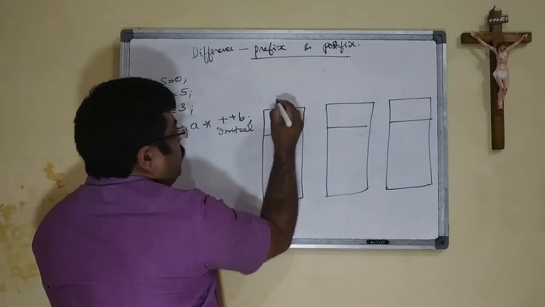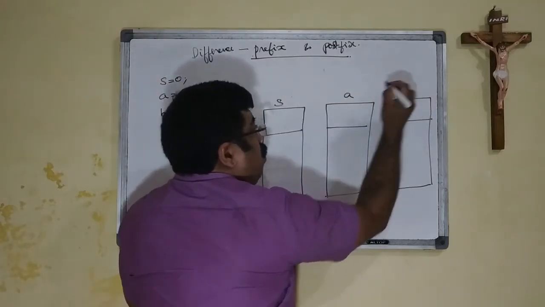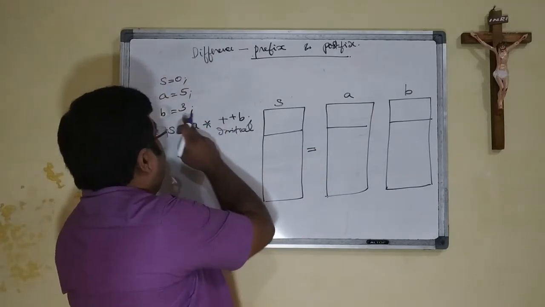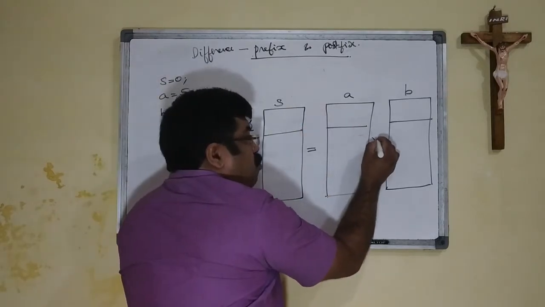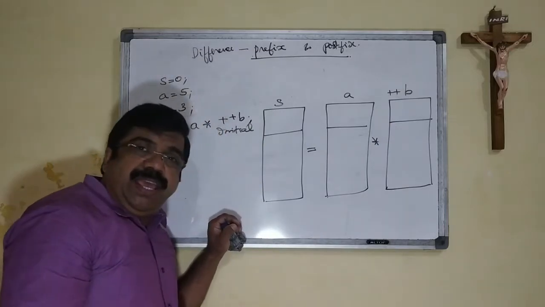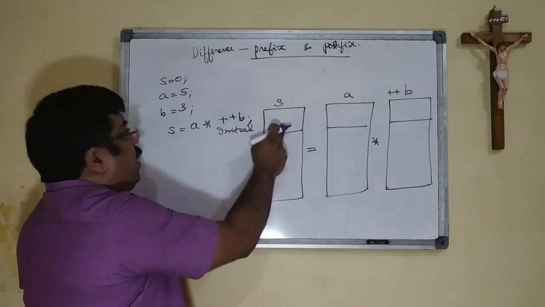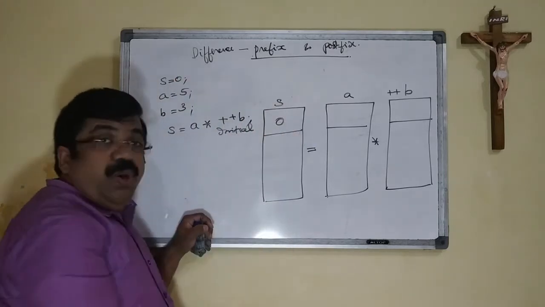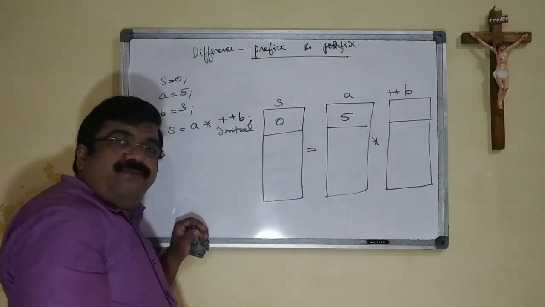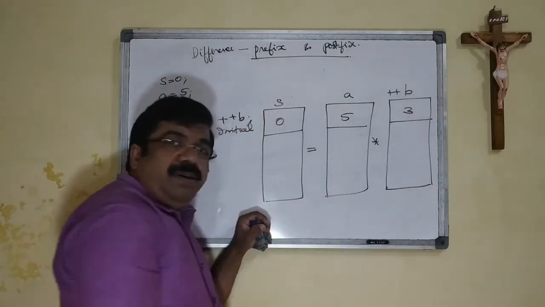First variable is S, second variable is A, third variable is B. S is equal to A multiplied by plus plus B. Now, the initial value of S is 0, the initial value of A is 5, the initial value of B is 3.